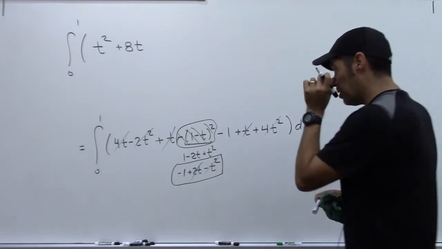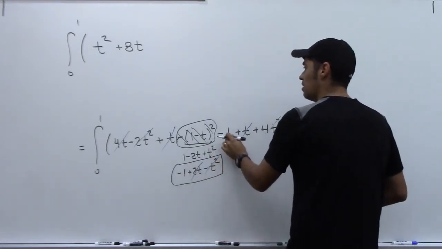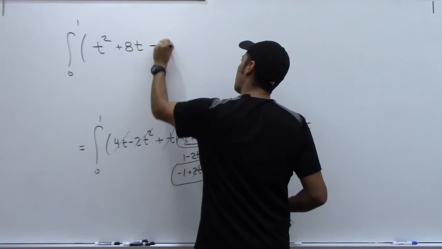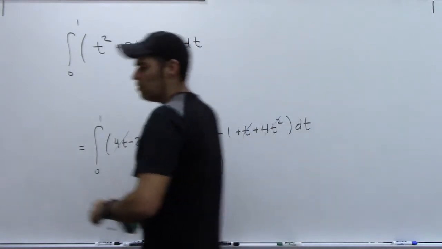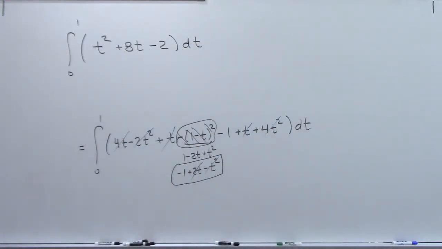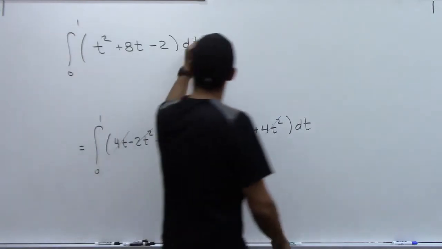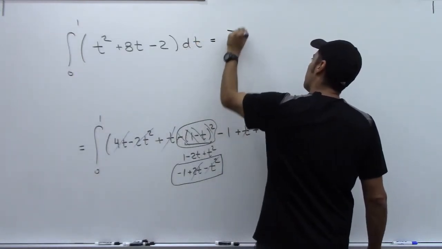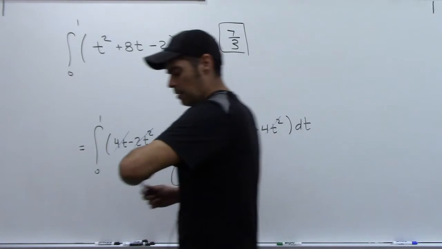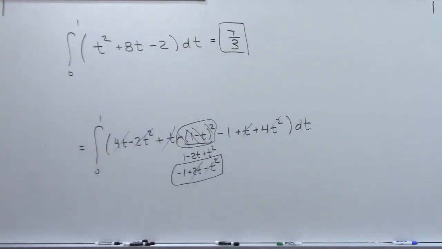And then as far as numbers are concerned, minus 1 is minus 2 dt. The answer to that is 7/3. There we go. All right, I'm going to wait to do the rest on the next video, but that should be enough to get you going.